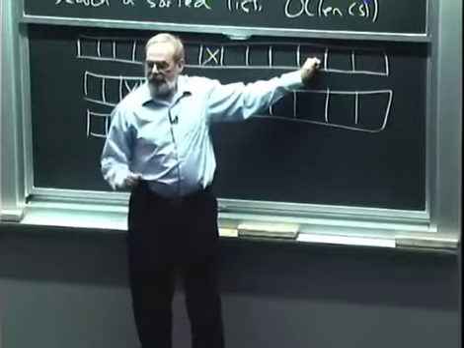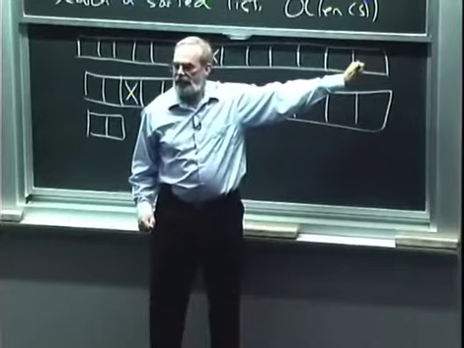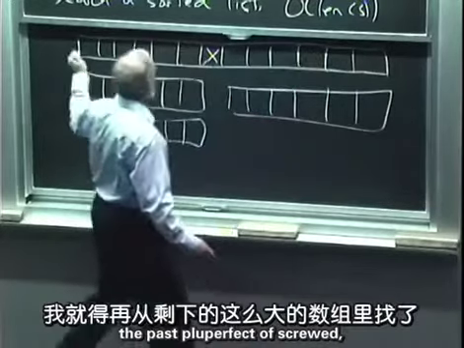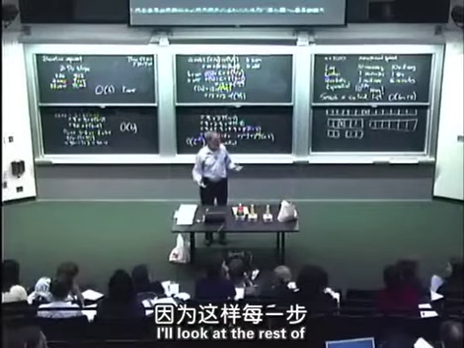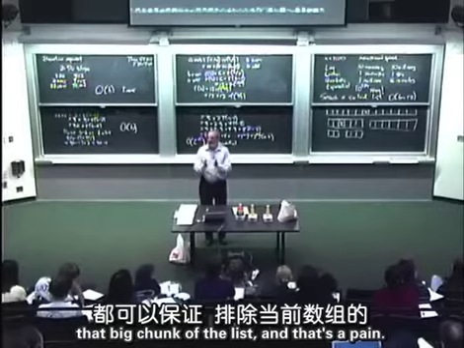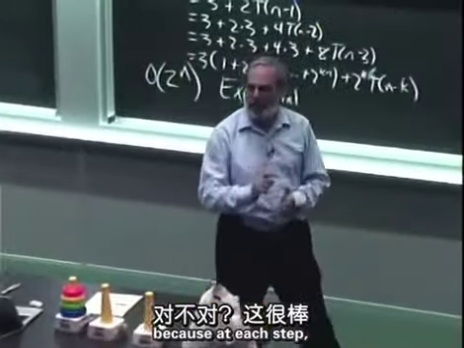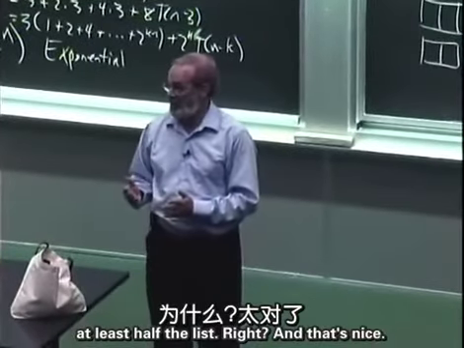If I'm really lucky, it'll be only in this side, and I've got a little bit of work to do. But if I'm unlucky, I'm screwed. I've got to look at the rest of that big chunk of the list, and that's a pain. So halfway is the right thing to do, because at each step I'm guaranteed to throw away at least half the list. And that's nice.